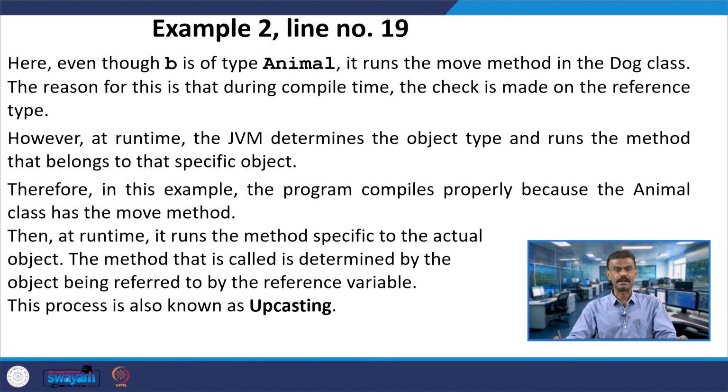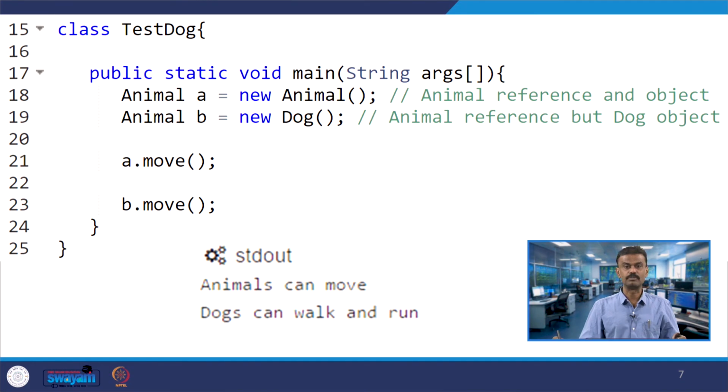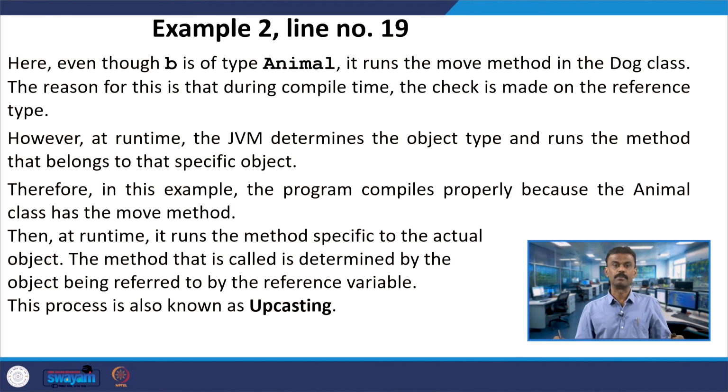So in this particular case, during compile time it is Animal, but during runtime it runs the method specific to the actual object. What is the actual object? The actual object is Dog, so it will go under Dog, and whatever the move function is under Dog will be printed.